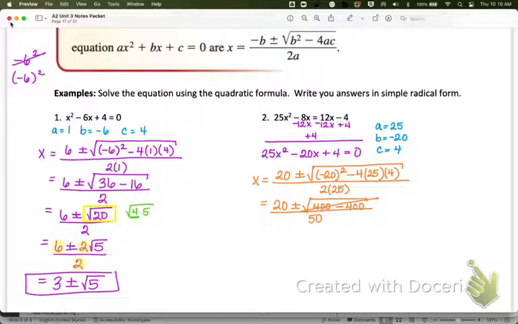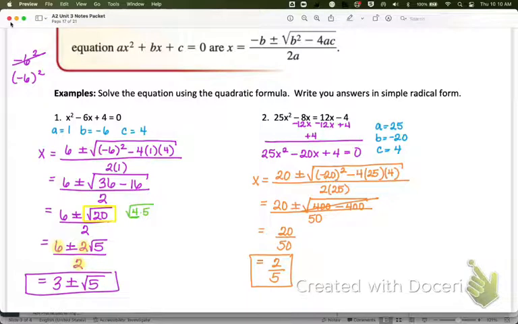This whole thing makes 0. 20 plus or minus 0, it doesn't matter if you add 0 or subtract 0. This one's only going to have one solution. 20 over 50, which is just 2/5. Only one answer this time instead of 2. And no square roots in that answer.